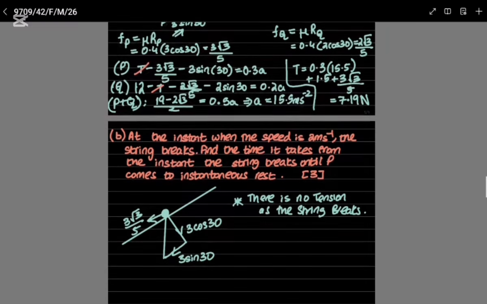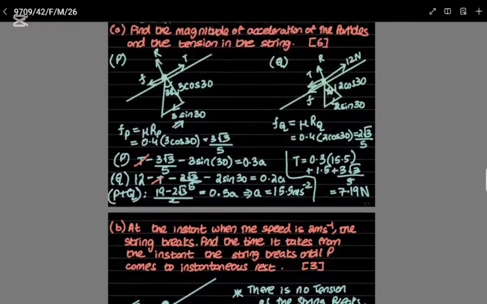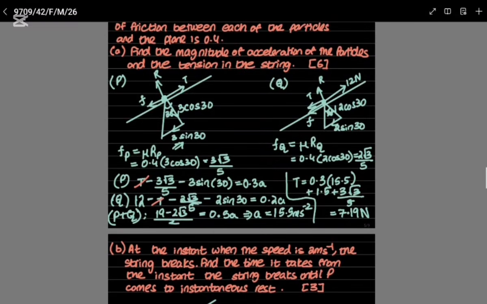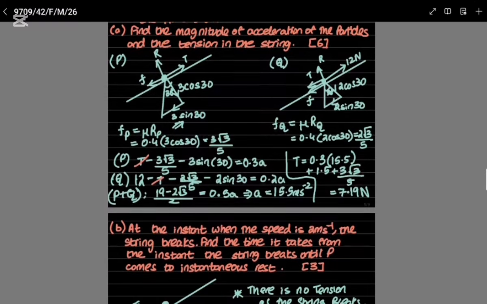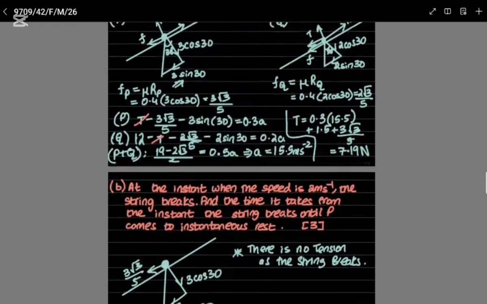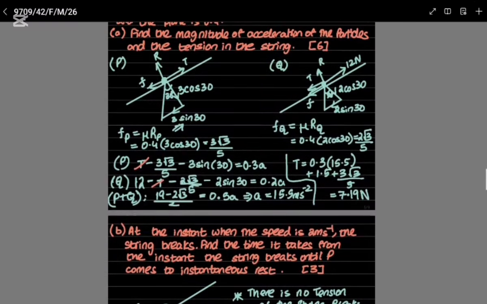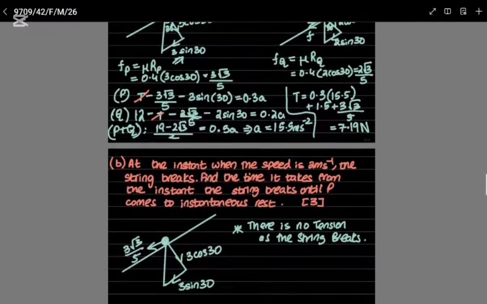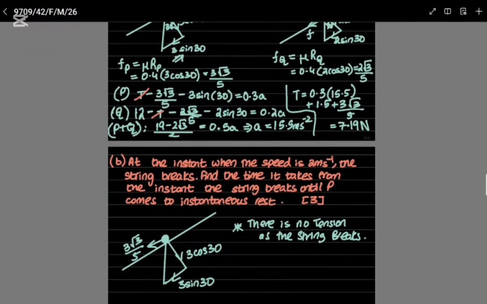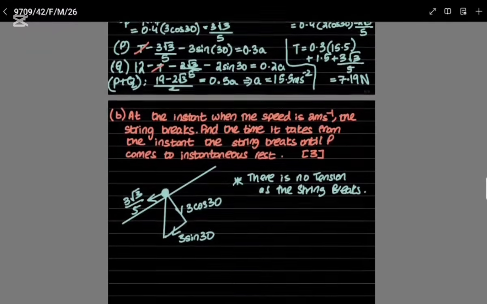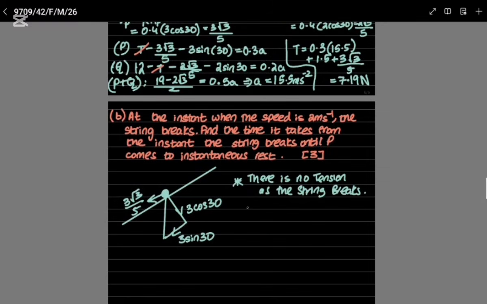Now we have to find a new acceleration. The acceleration we found for P and Q was the combined acceleration of the system, so it's the same for P and Q. But now the string broke. So there's no tension this time.